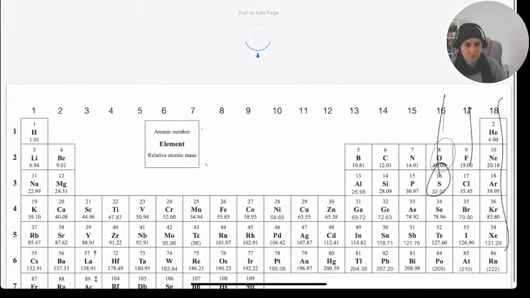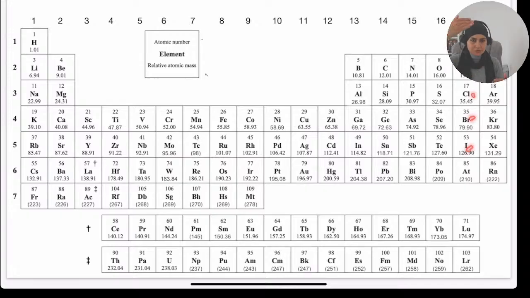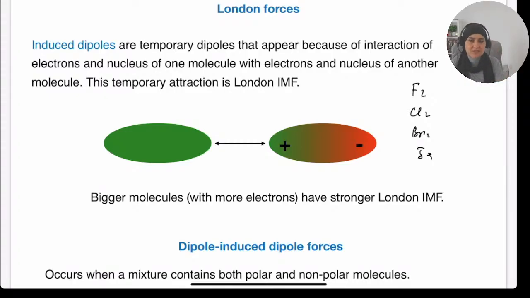Yeah, so you see down the group. This is so messy. Down the group, yeah, F2, Cl2, Br2, I2. So as you go down the group, the number of electrons increases, which means that London forces increase. And we are talking about the total number of electrons, not valence. Yeah, valence are the same, but the total number of electrons increases.